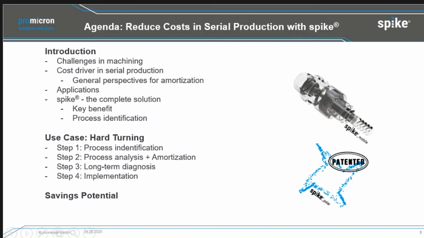Then I'll show you some savings potential, and finally there will be room for feedback and outlook and also your questions. So as said, there are places for questions in between. We'll have a place for questions between the introduction and the use case, and also at the end of the webinar. And if there are already some questions, now's the time to ask.